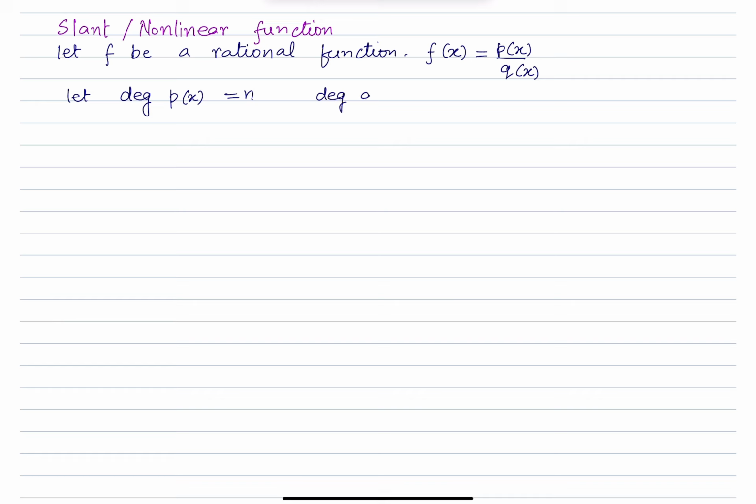So we assume let f be a rational function, which means f is a ratio of two polynomials, and let's assume the degree of the numerator is n and the degree of the denominator is m.